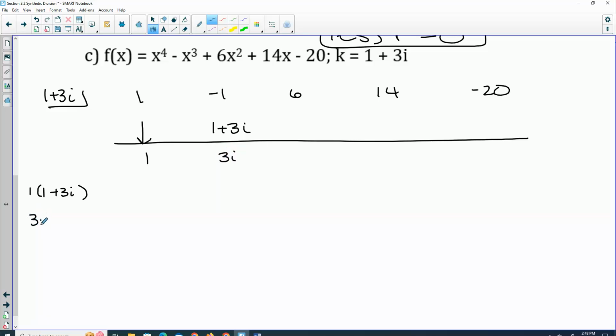Now you're multiplying. You're taking 3i times 1 plus 3i. But remember, we've done complex numbers in here, so this isn't new. If you distribute, you get 3i plus 9i squared, but 9i squared is negative 9, so 3i minus 9. Combine like terms, positive 6 and negative 9 would be a negative 3 plus 3i.